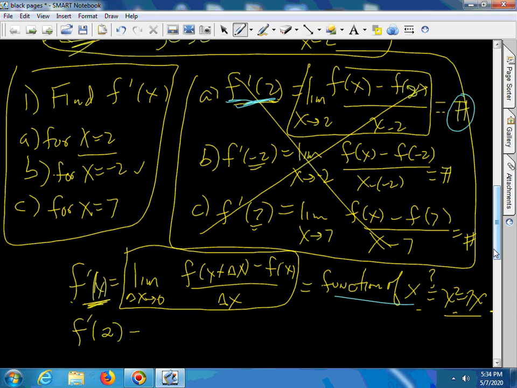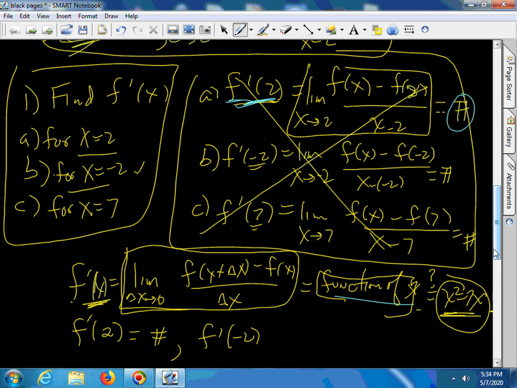So now I plug 2 into the result of this limit, my function of x, and I'm done. And then for b, f prime of negative 2, I evaluate my derivative at negative 2, I get my number, and then f prime of 7.